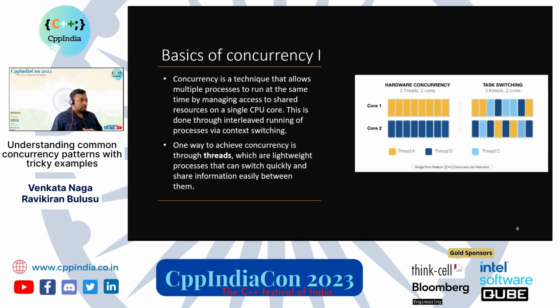Let's see a little bit about the basics of concurrency. Concurrency is a technique used by many processors these days to allow multiple processes to use the cores and manage the shared resources using context switching.